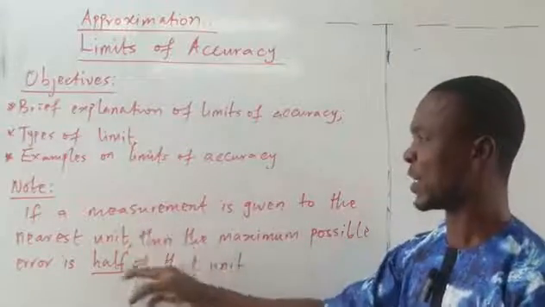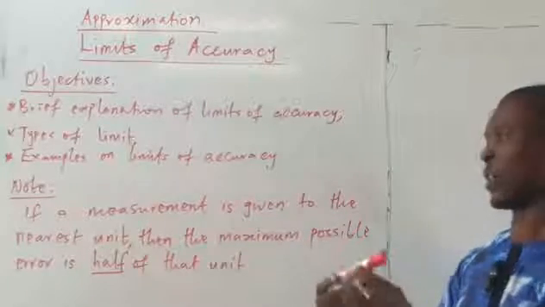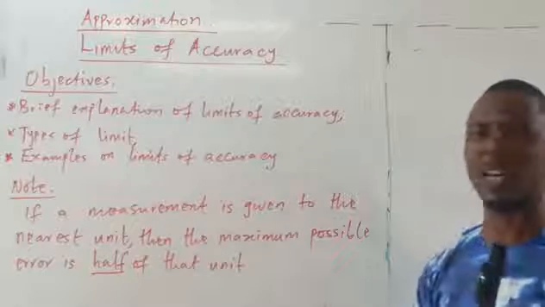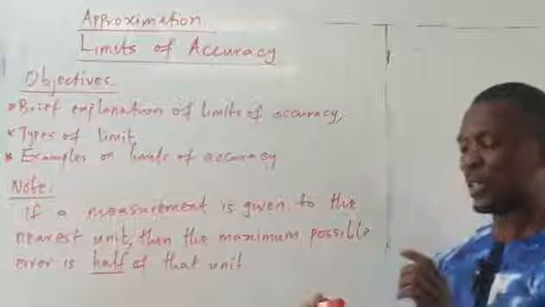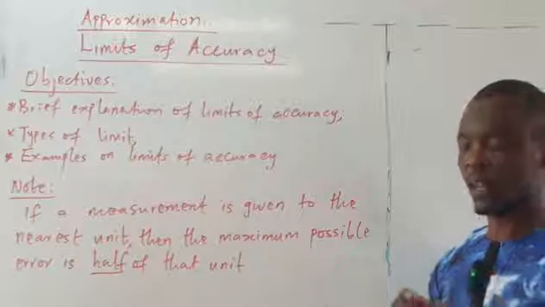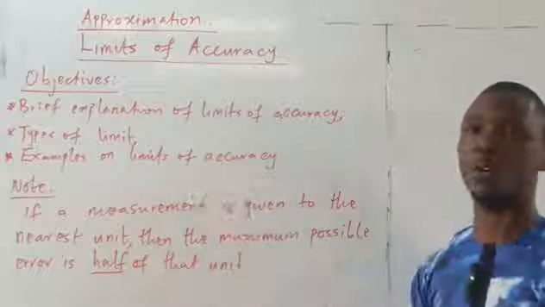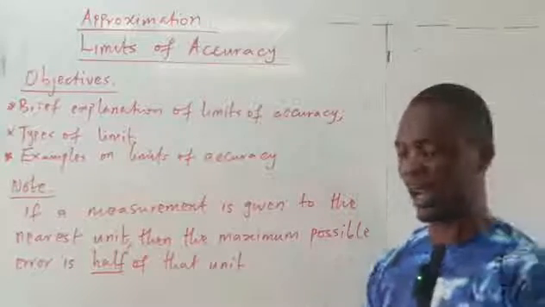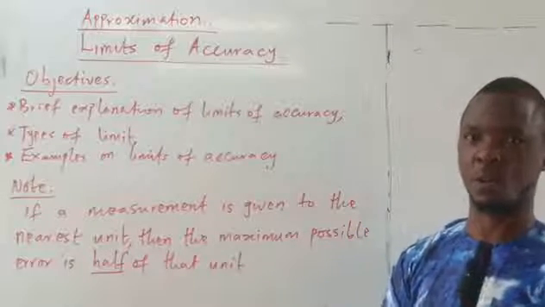Then this note says, if a measurement is given to the nearest unit, let's say 3 units, the maximum possible error is half of that unit. So assuming that instead of 3 units, you measure 2.9, there is a possibility that you have 0.1 degrees of error.